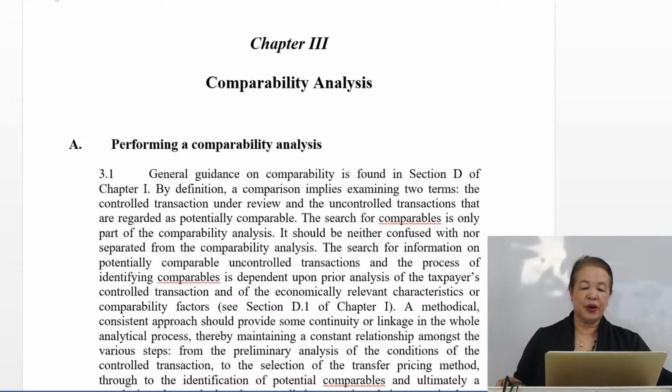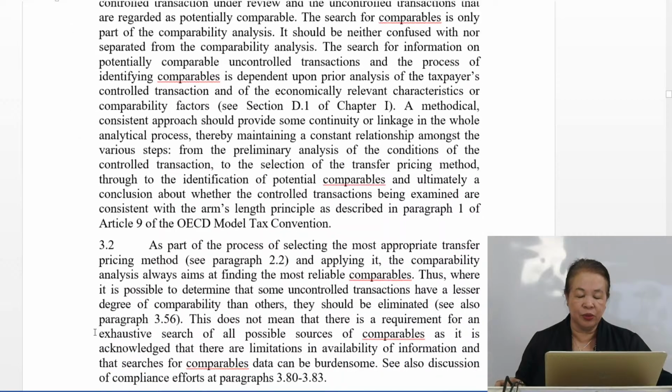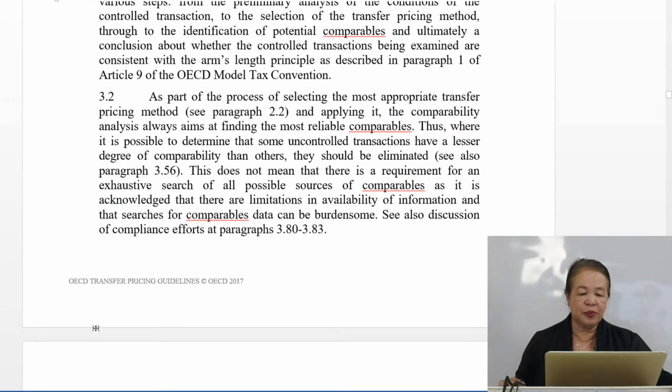So as part of the process of selecting the most appropriate transfer pricing method, no? See paragraph 2.2 and applying it. The comparability analysis always aims at finding the most reliable comparables. Thus, where it is possible to determine that some uncontrolled transactions have a lesser degree of comparability than others, they should be eliminated, no? See also paragraph 3.56.